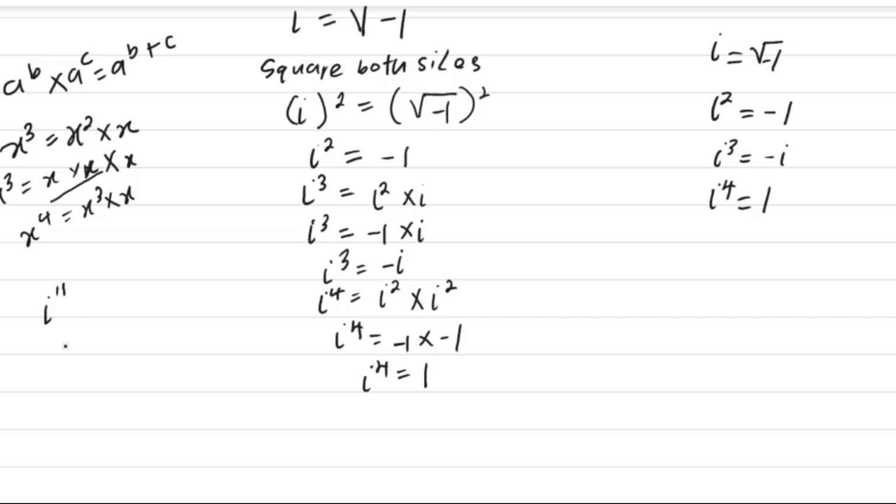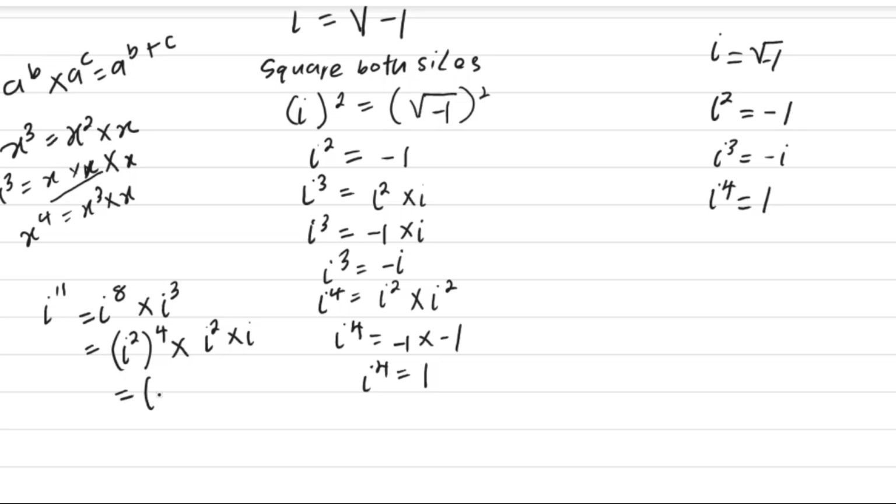I can decide to say that i raised to power 11 is the same thing as i raised to power 8 times i raised to power 3. It's not compulsory you use this, but I know that 8 plus 3 will give us 11. I can decide to solve this further and say that i raised to power 8 is i raised to power 2 raised to power 4, times i raised to power 3, which is i raised to power 2 times i.